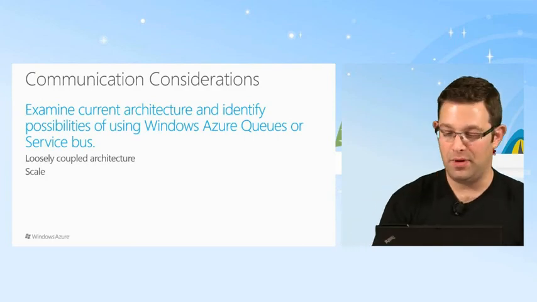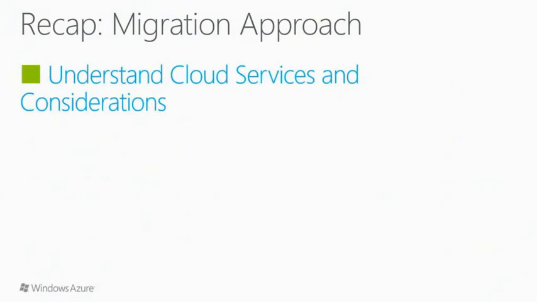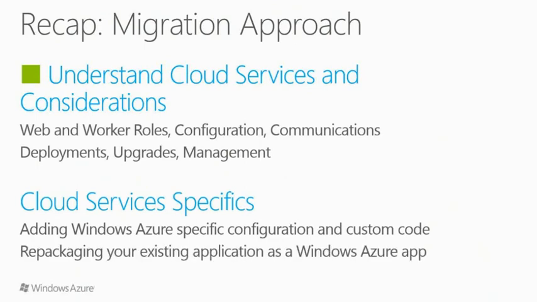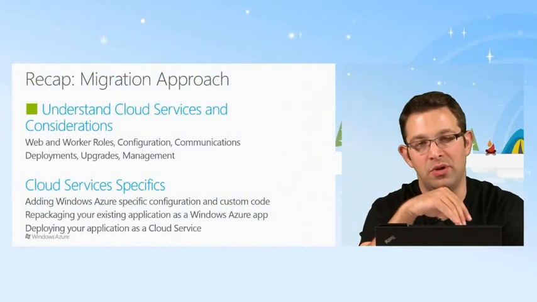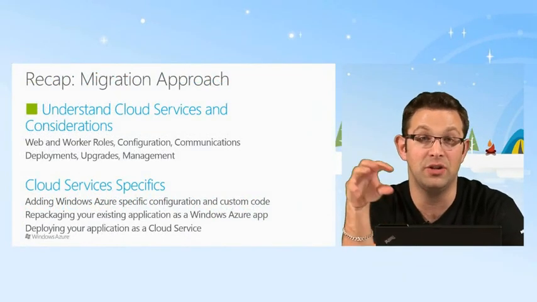So let's recap the migration approach. Big green there on understanding the cloud services and the various different configurations and considerations, right? But most importantly, once you have the decisions down packed in terms of, how am I going to distribute my web and worker roles? What do I need to think about in terms of configuration? What opportunities do I have to make the different parts of my application communicate with each other?